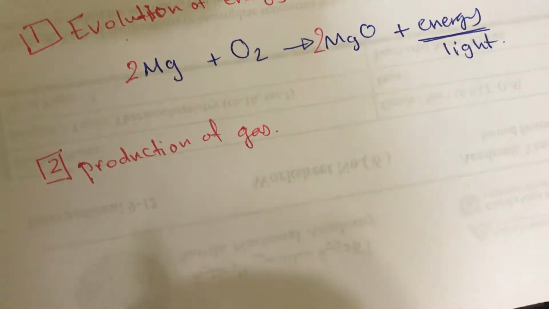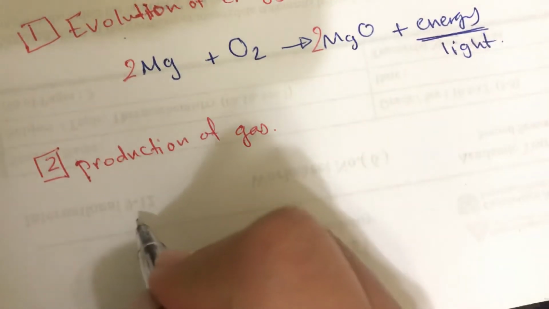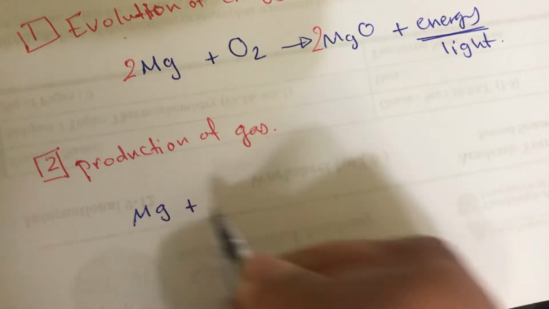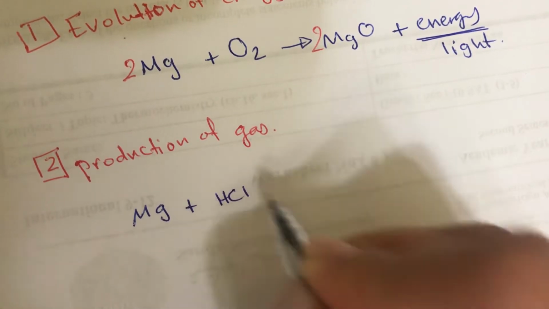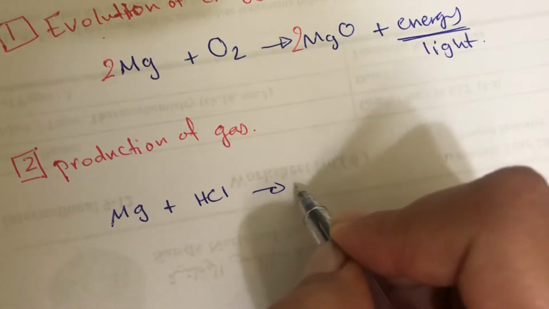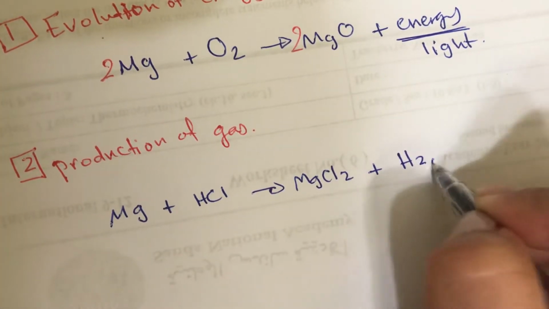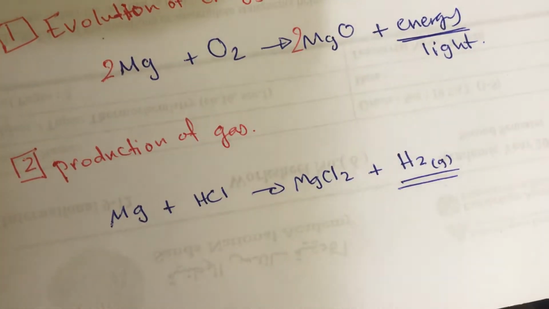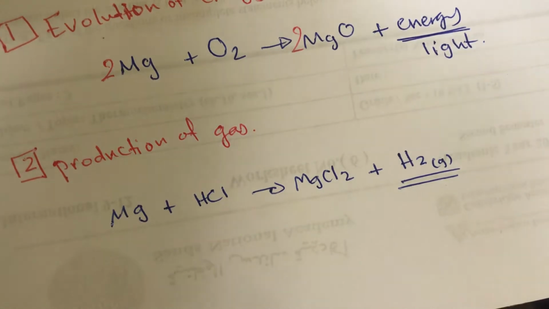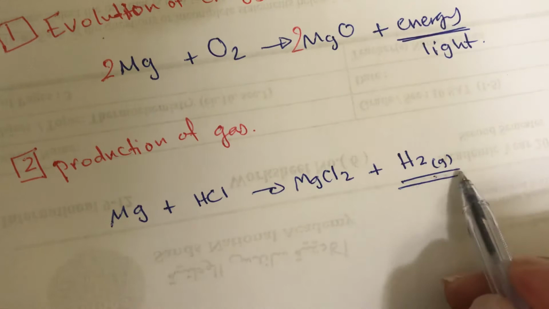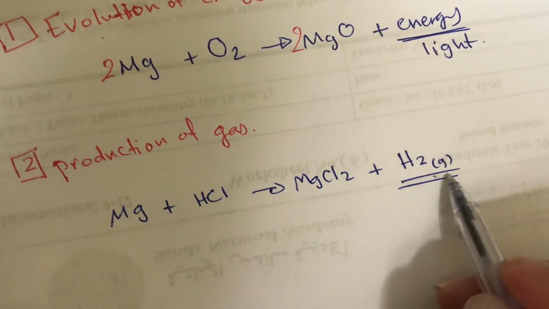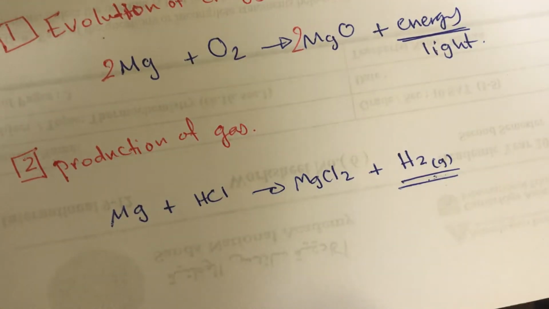For example, when magnesium reacts with hydrochloric acid, the products are magnesium chloride plus hydrogen gas. So if in any change, gas is produced, it's an indicator for a chemical reaction or chemical change.